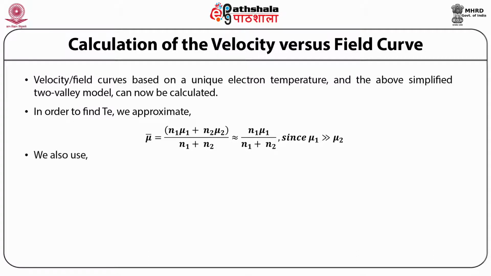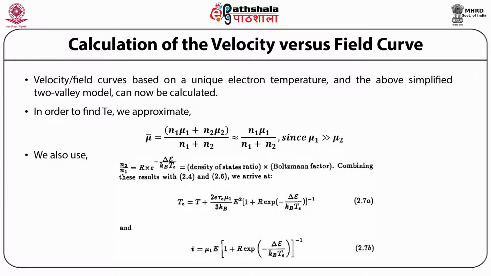Now we also use N2 by N1 equal to R multiplied by exponential of minus delta E divided by k Te, which is equal to the density of states ratio multiplied by the Boltzmann factor.